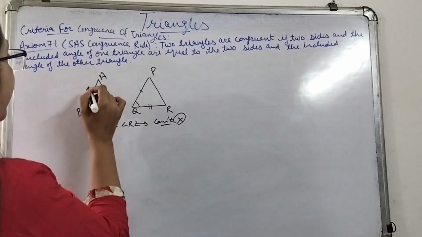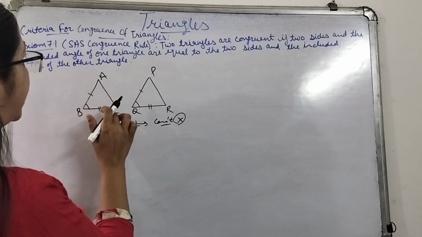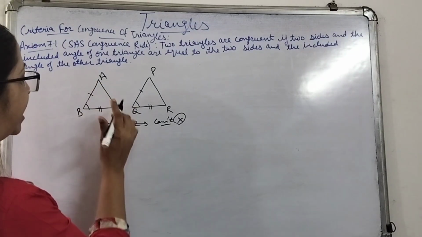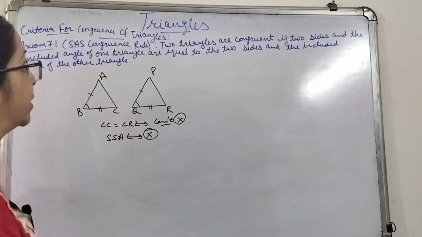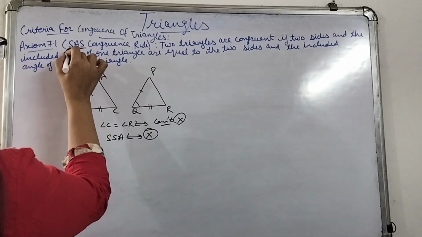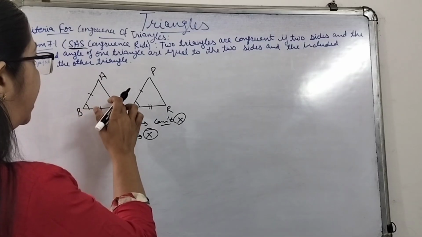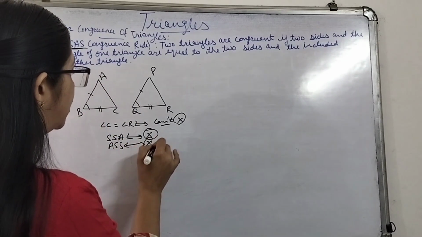That simply means SAS congruency works, but SSA congruency does not work. Side-side-angle, or angle-side, congruency does not work.